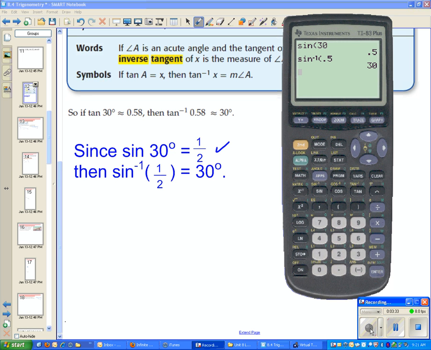A problem that has come up in the past is that once you've learned how to do inverse sine, you want to do inverse for everything. Nope. The only time you use the inverse of sine, cosine, or tangent is when you're trying to find an angle measure.